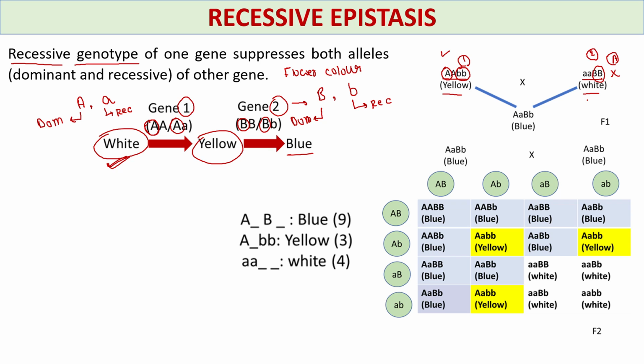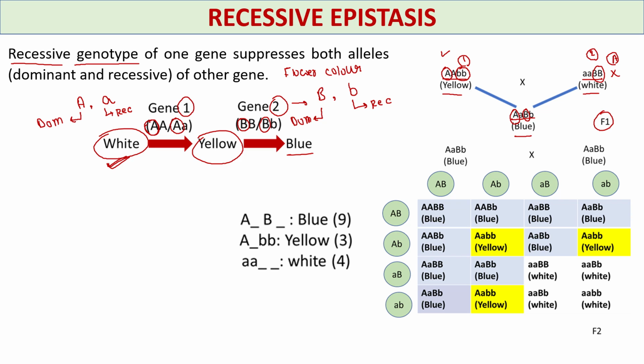When these two parents are crossed, their offspring in F1 generation will have genotype capital A, capital B, small b. They will be blue color because allele capital A produces yellow color and allele capital B makes it blue.